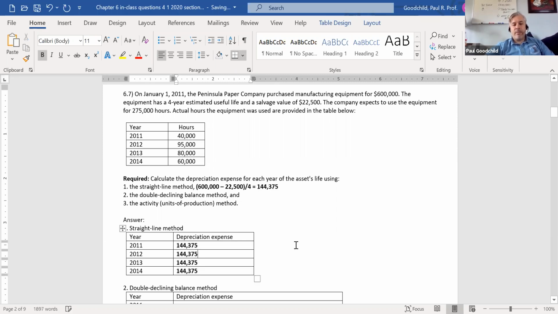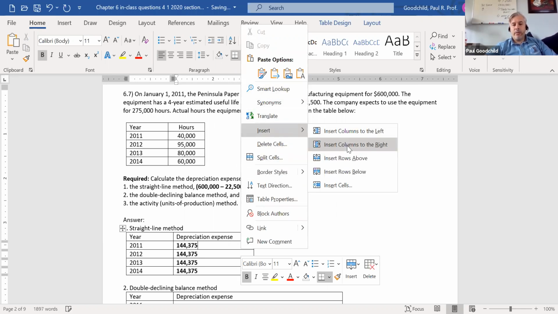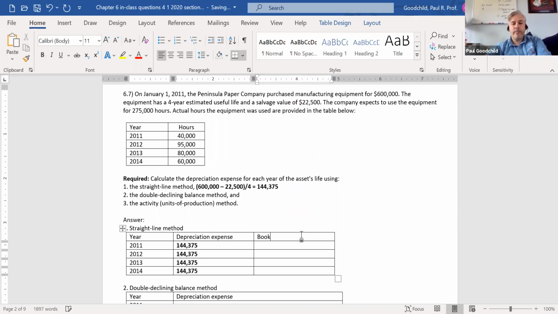It didn't ask for this, but if we wanted to add a new column to the right, call that book value, it would essentially take the 600,000 minus the 144,375, and then each year you would subtract the 144,375 from that, and eventually you would get the 22,500.